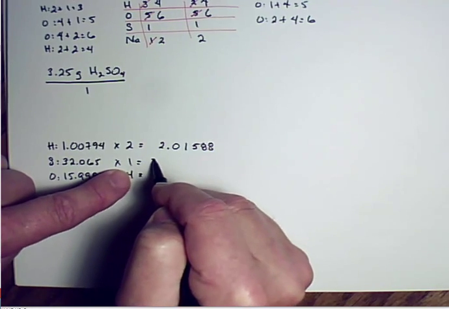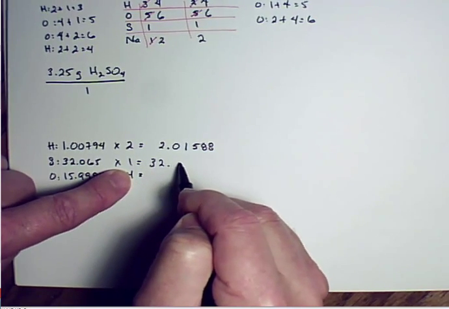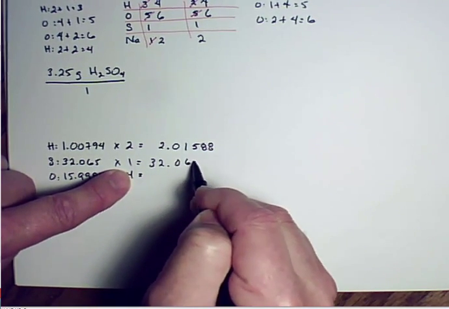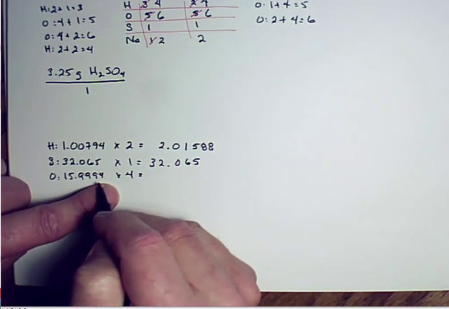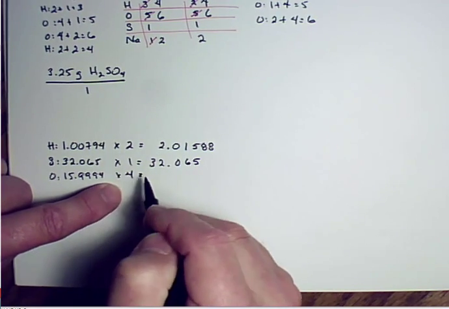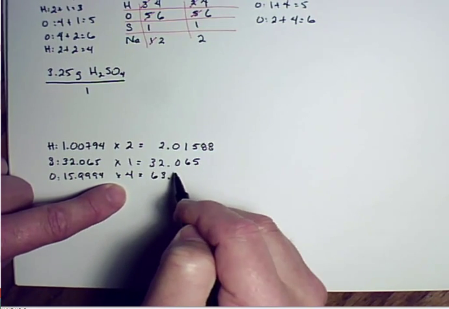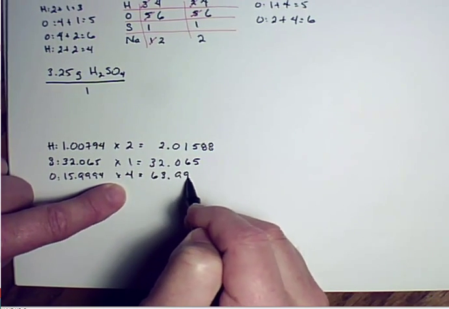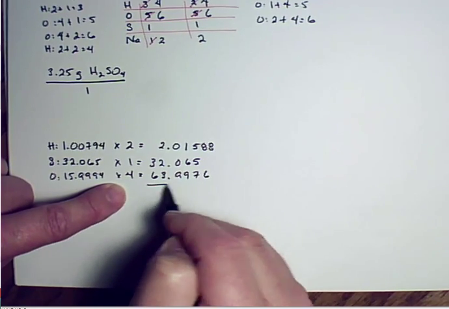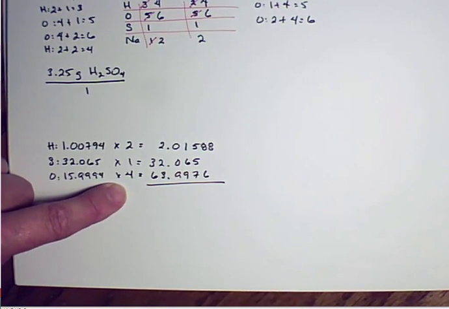And this is just the same as it is because it's times 1, 32.065. And then 15.9994 times 4 is 63.9976. We're adding all these together.